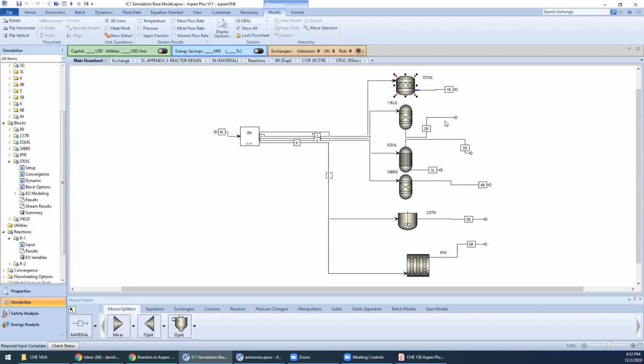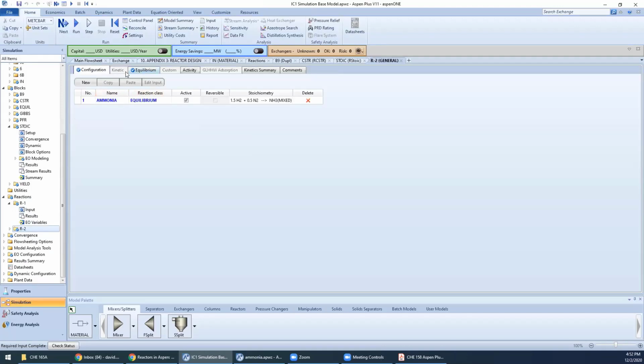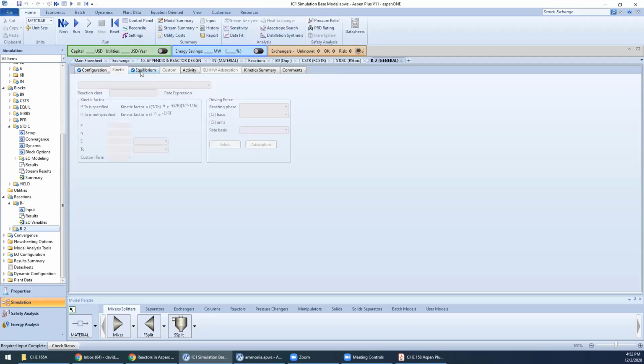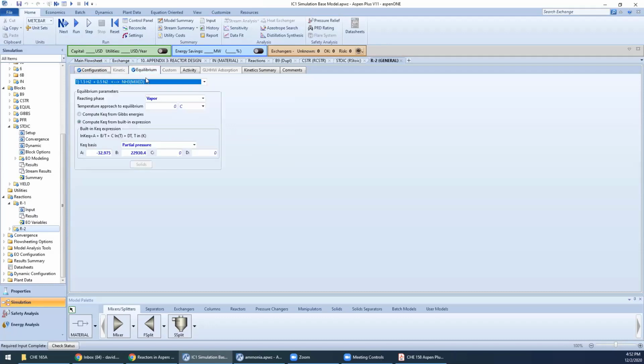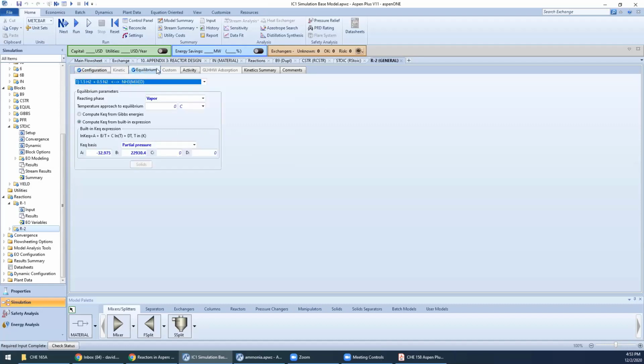So all of these will actually have a different value or similar, depending on which one it is. In the CSTR, I actually have this reaction too. I don't have the kinetics active, but what I do have is an equilibrium. So here under the reaction class, I didn't pick Langmuir-Hinshelwood, I didn't pick power law, I picked equilibrium. So with this one, I say, okay, if I continue to feed stuff, what's going to come out?